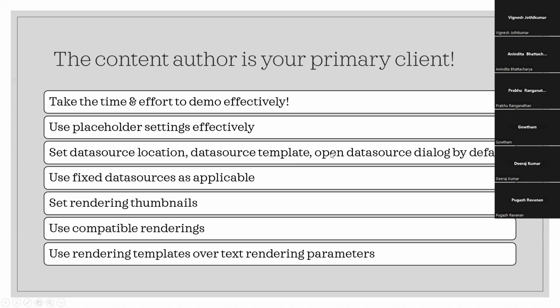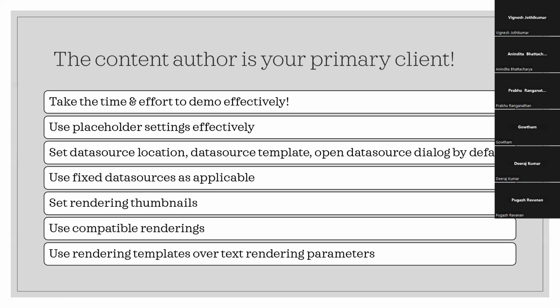And the checkbox, and I think it's a drop down that we have, for open data source dialog by default. This is something that is so underused, and it is such an easy thing to add. It's a hint for the content author that there's something additional you need to do. You just can't add the component and expect it to show up.